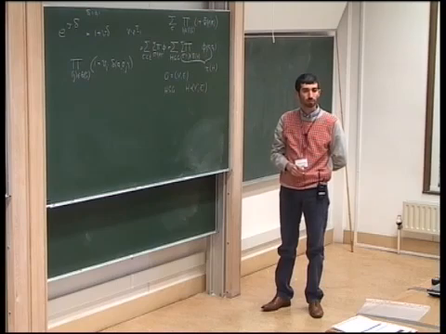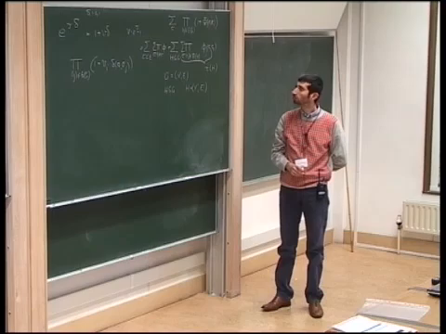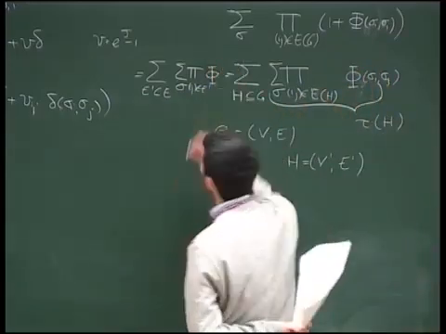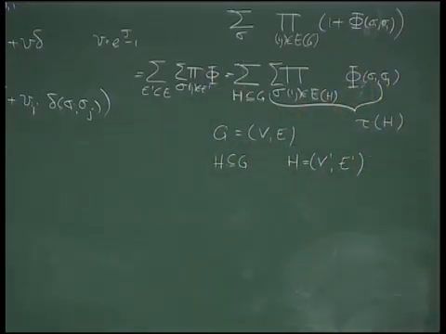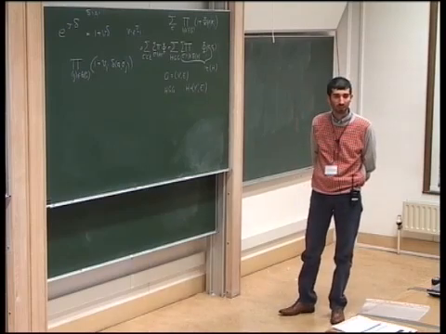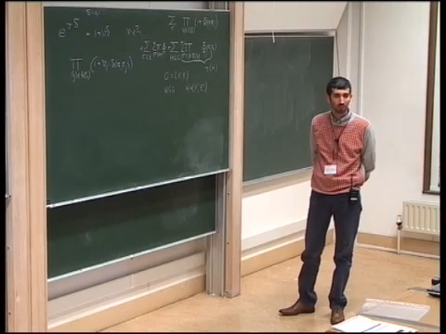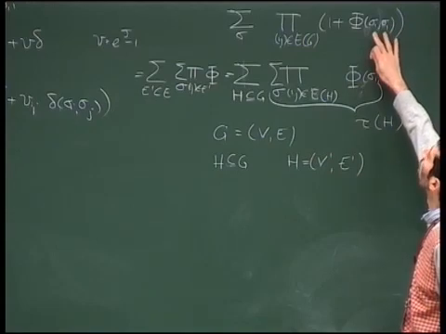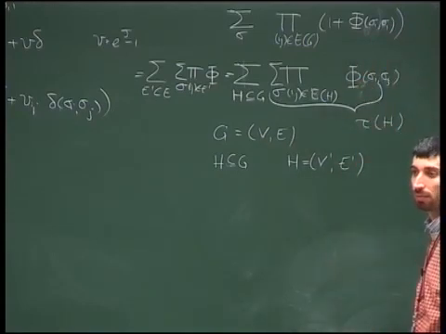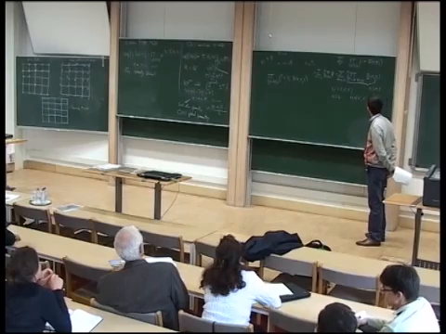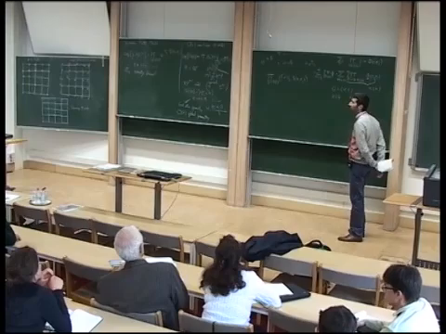Okay, so is the lowercase phi the same as the uppercase phi there? I've been lazy here, yes, because it was making it shorter. Okay. And up there, the top line phi is not a function of a subgraph? No, I assume that it's a function only of sigma i and sigma j. I see. So there the product is over the edge set of H, so that's how the dependency comes. Yes. Okay, got it.